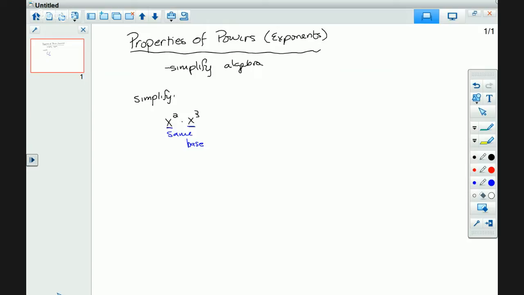In our case, that's X. So if you're multiplying, and I'm trying to give you the general pattern here, if you're multiplying two of these, you add the exponents if they have the same base.